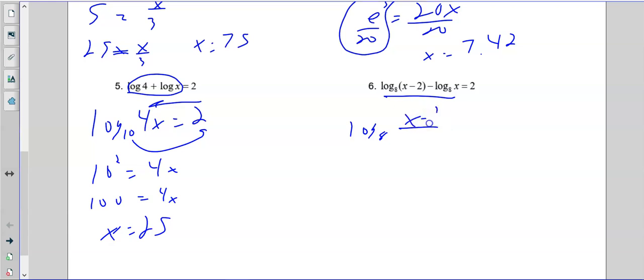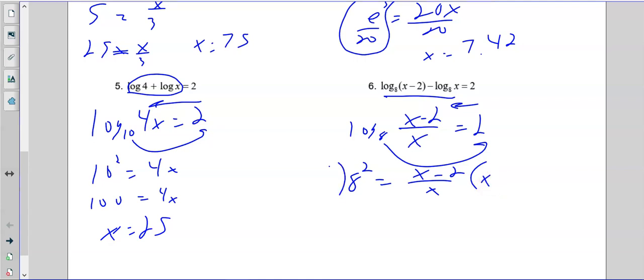That gives you x minus 2 on the top and x on the bottom. Equals 2. Swish and flick. 8 squared equals x minus 2 over x. When you get rid of that x, we're going to multiply both sides by x. So that's going to be 64x equals x minus 2.